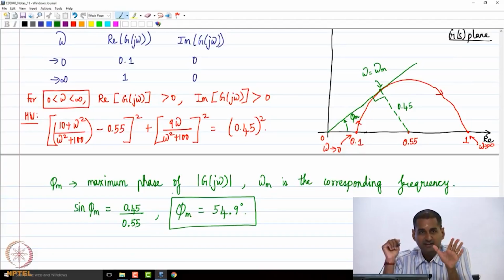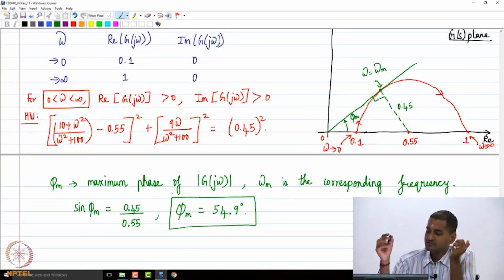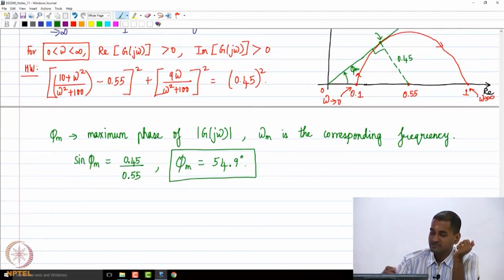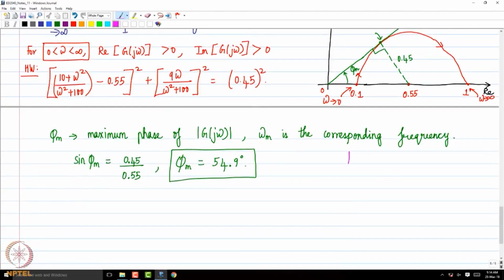By and large, if this phase angle is positive, that means that there is a phase lead. And if the phase angle is negative, that means there is a phase lag. So in general, this is just an aside. If phase is greater than 0, we call it a positive phase angle.